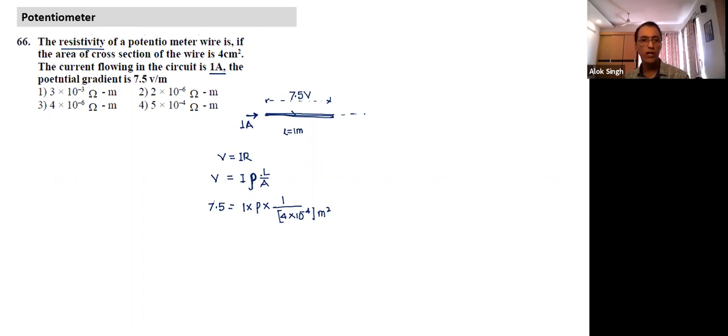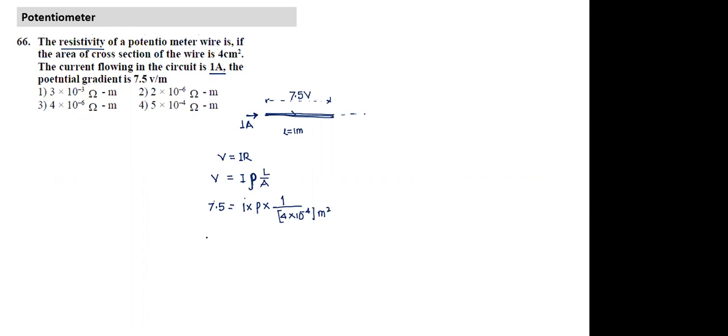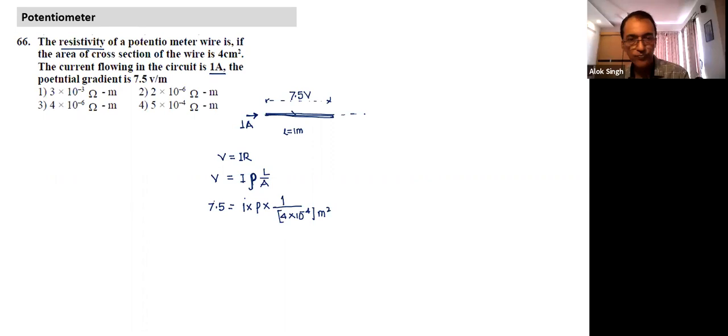Since I'm using SI units, length is also in SI unit, 1 meter. I'm applying it to this piece of resistance, and area of cross section 4 into 10 to the power minus 4. It is given in centimeter square, we convert into meter square. So we get the value of rho. Is it clear now? Yes, sir.